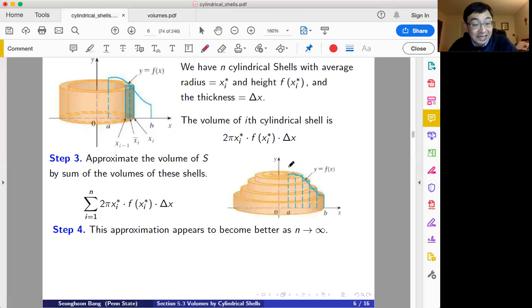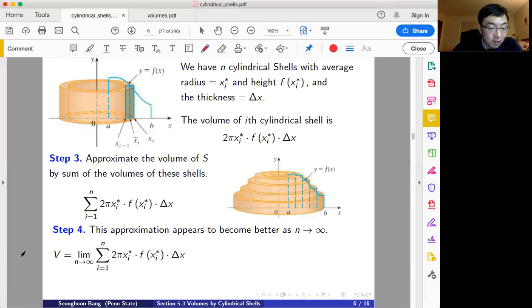You can take a limit. This approximation appears to become better as n approaches infinity, giving the exact volume of the solid. The limit as n approaches infinity of the summation from i equals 1 to n of 2 pi xi star times f of xi star times delta x. So you can change it to a definite integral.